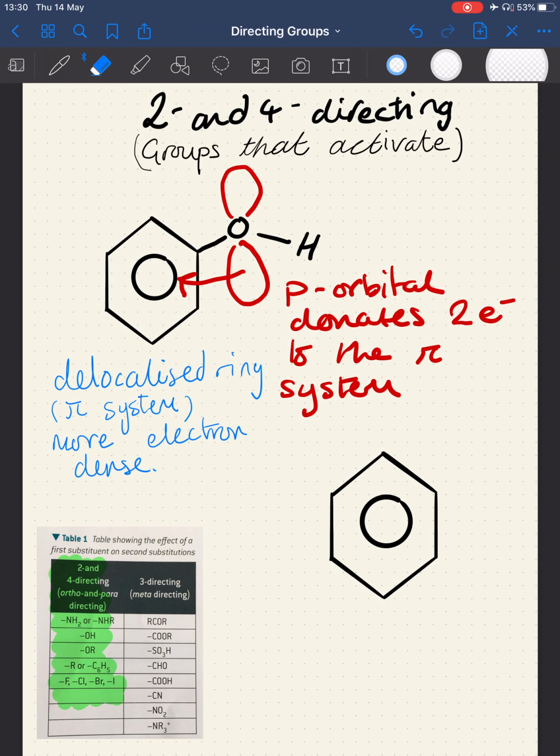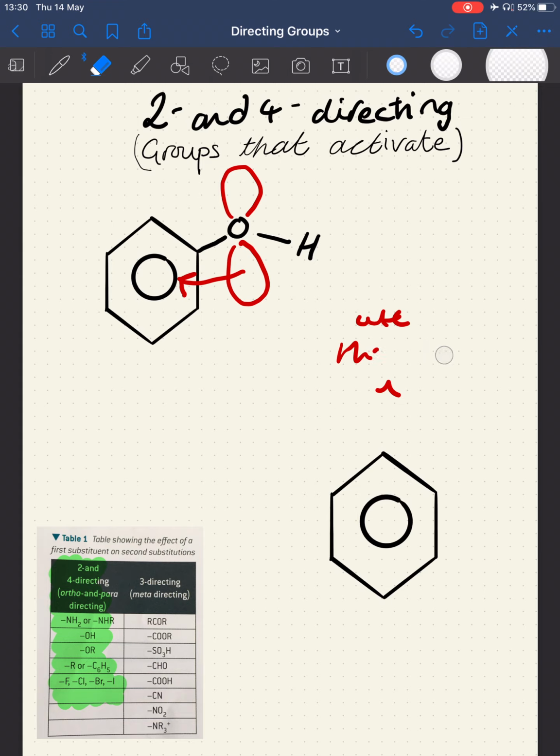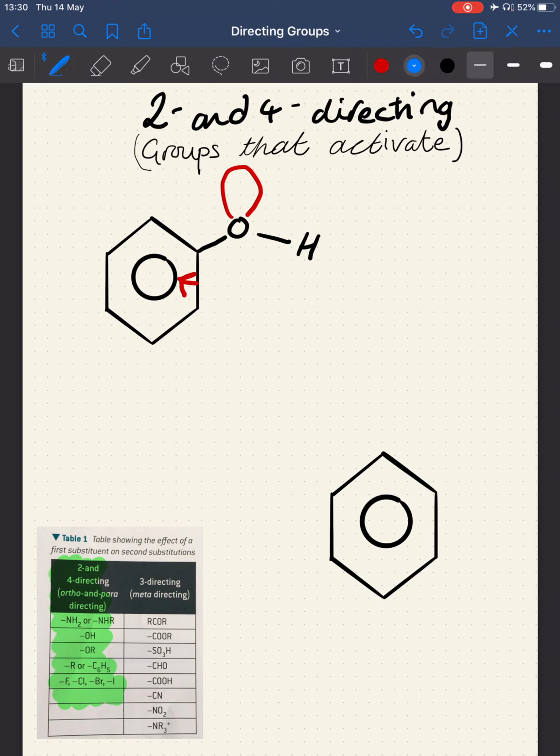We're going to be talking a bit about it in terms of it being 2,4 directing. You don't need to know why and go into the detail as to why it is 2,4 directing and talking about resonance, and none of that is relevant for you. However, you do need to know how to apply it.